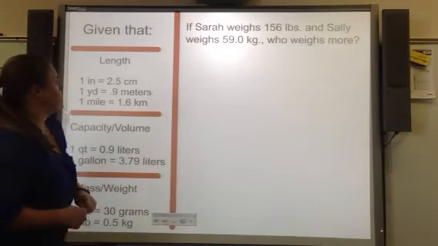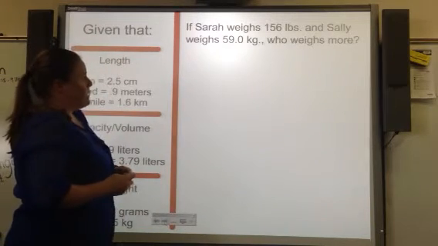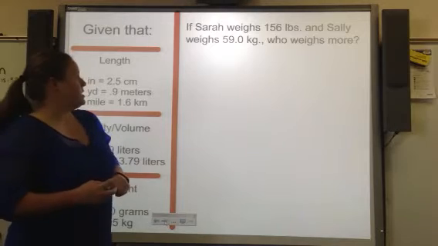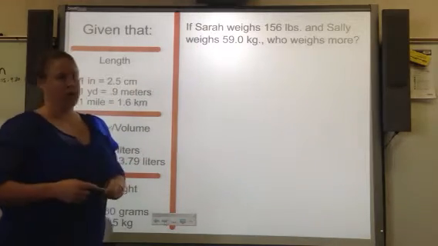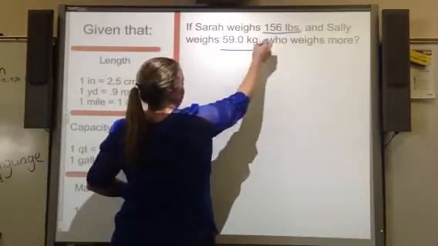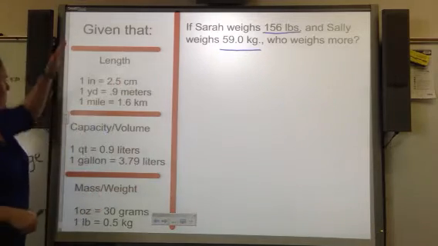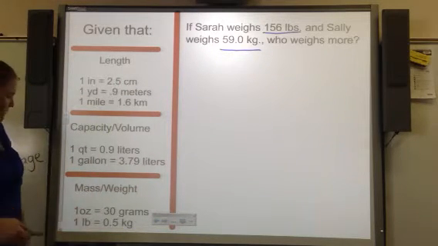So our next problem, again we have our same information. If Sarah weighs 156 pounds and Sally weighs 59 kilograms, who weighs more? Again, we are talking about pounds and kilograms. So I'm going to look at my information and find out that 1 pound equals half a kilogram.